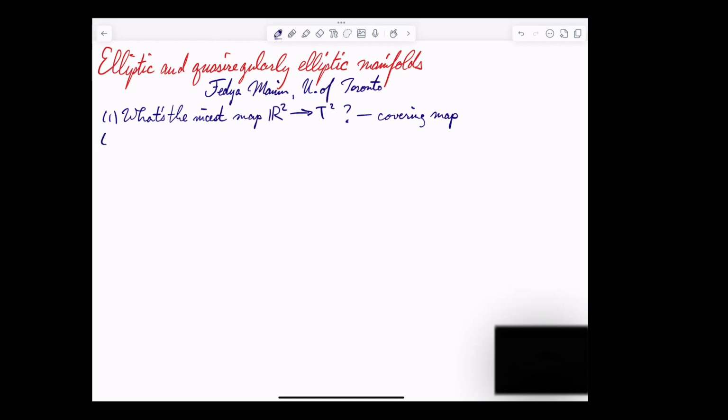But slightly harder, what's the nicest map from R2 to the 2-sphere? One could make the case that this is stereographic projection.